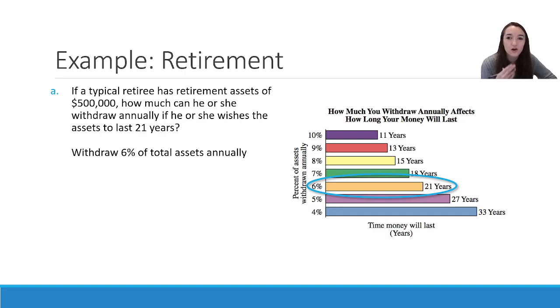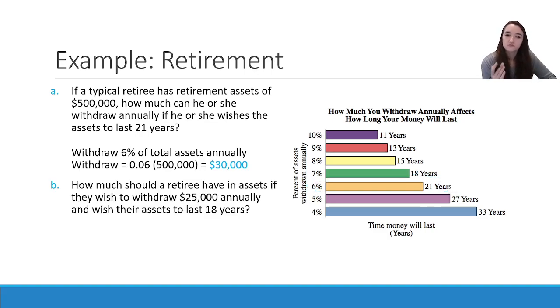So we remember that, oh, right, a percent we convert into its decimal form, 0.06. So 0.06 times 500,000, that's $30,000. So in this case, that means that they would withdraw $30,000 a year out of their 500,000 in order to have 21 years worth of savings in the end.